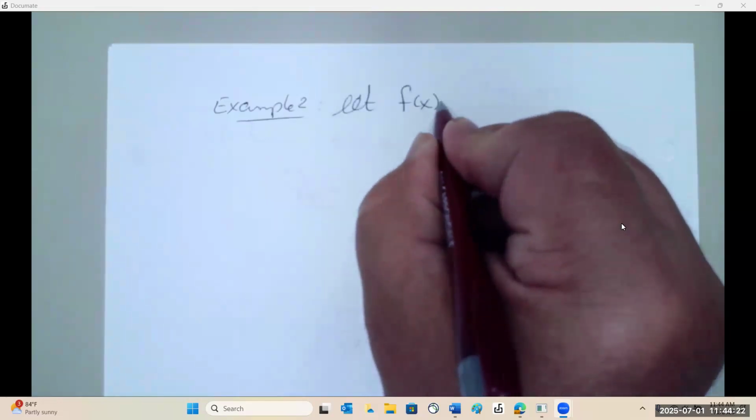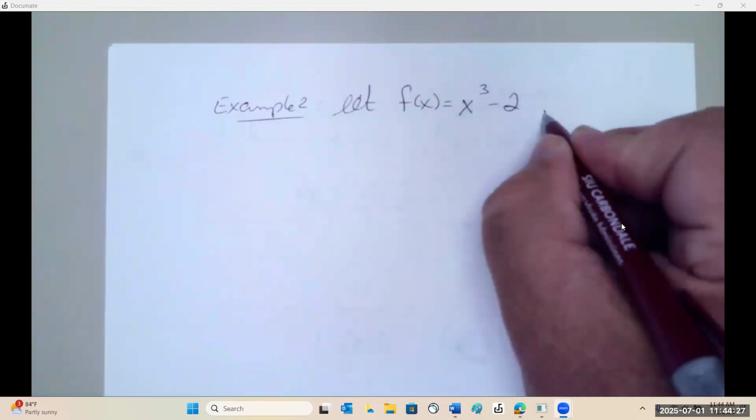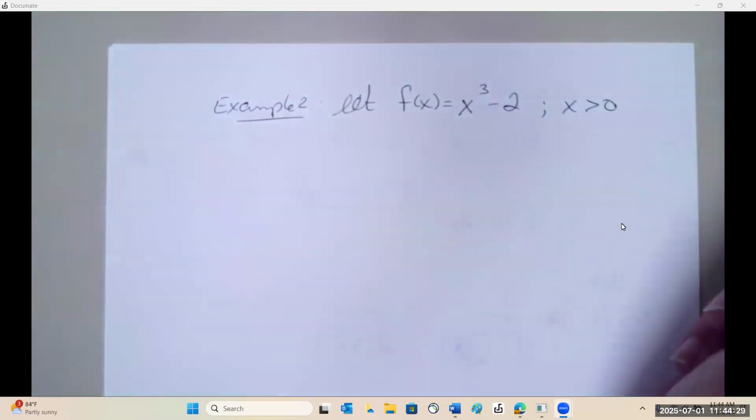That's another example. Let f of x equal x cubed minus 2 for all x's greater than 0.